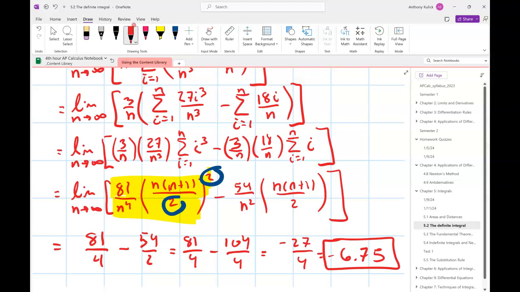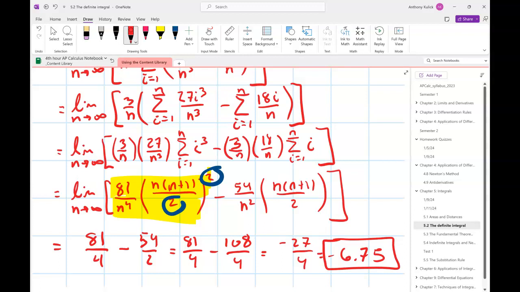Now, negative 27 over 4. No, 81 minus 1. Oh, it should be 108. That's why. Goodness gracious. 54 times 2 is 108, right? Obviously, every time.